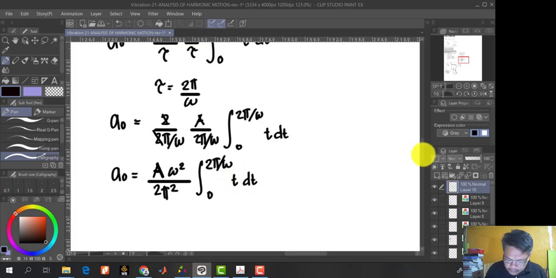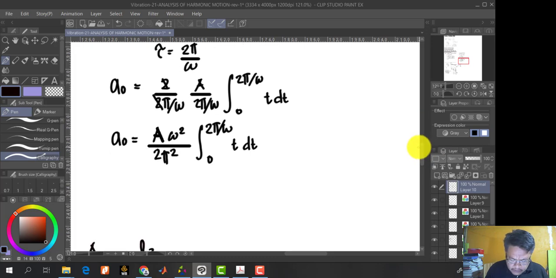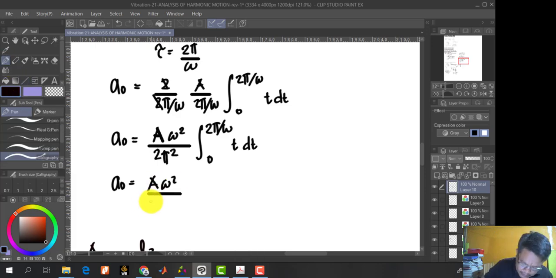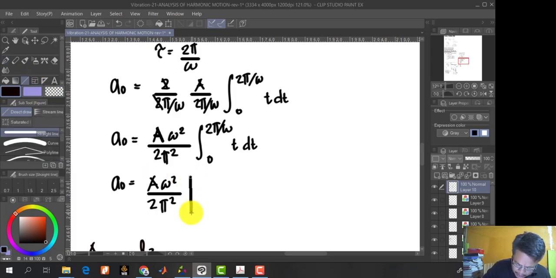Okay, so from here, I can rewrite this one, or let's say integrating that one, this is a w squared, that will be 2 pi squared. So this one, okay, I'm going to draw the bracket here to represent that, and close the parenthesis.